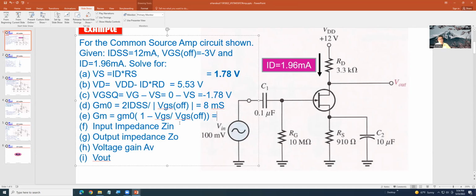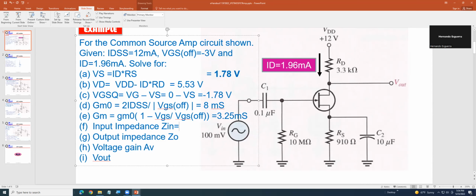Who gets it? I'm not sure. I got 3.25. Perfect. You did much better. Okay, 3.25. Input impedance, easy. 10 megaohm.